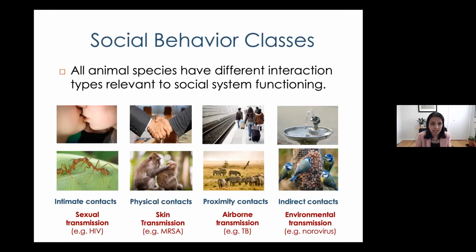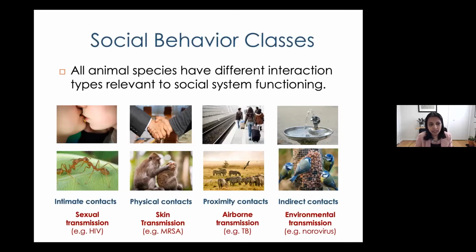So the intimate contact might be relevant for sexual transmission of diseases like HIV. The physical contact would be for skin transmission of pathogens like MRSA. Airborne transmission is what's spread by proximity contact, an example might be TB or measles. And indirect contacts are relevant for environmentally transmitted pathogens like norovirus.